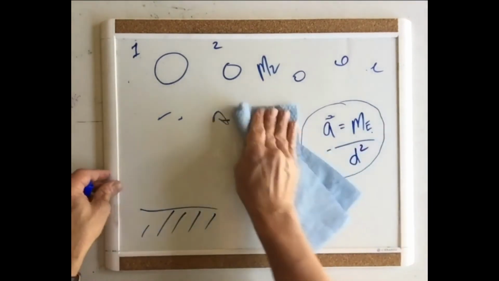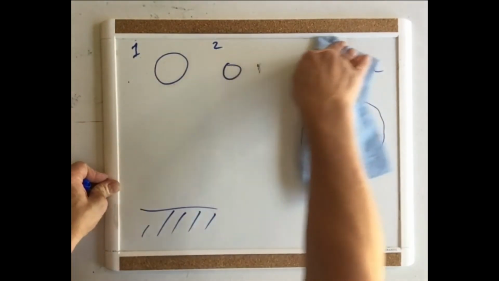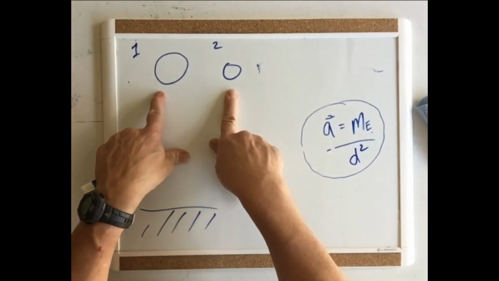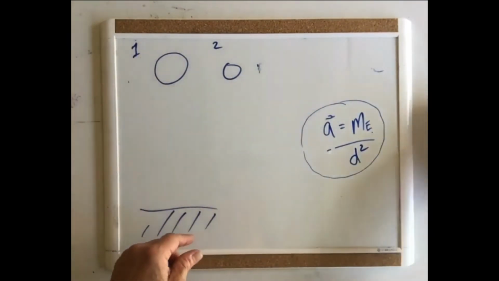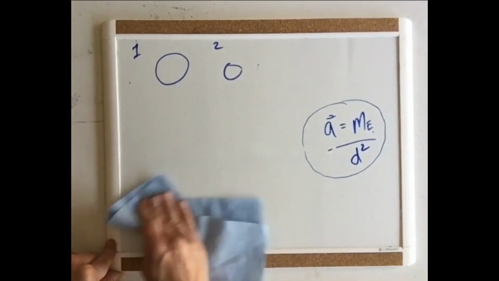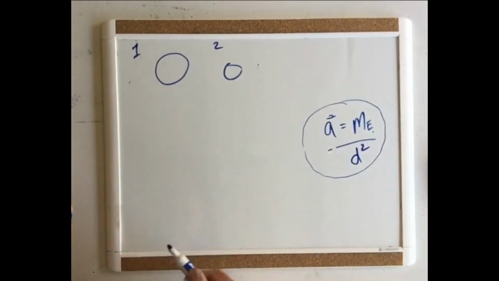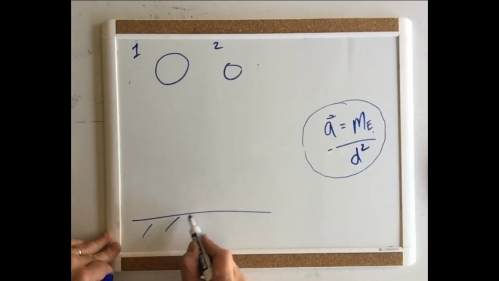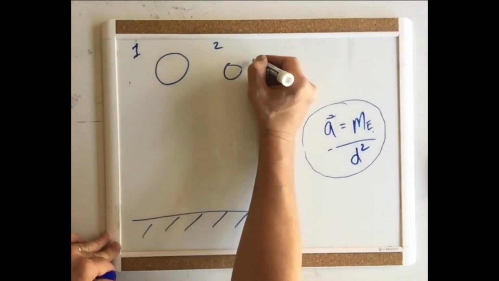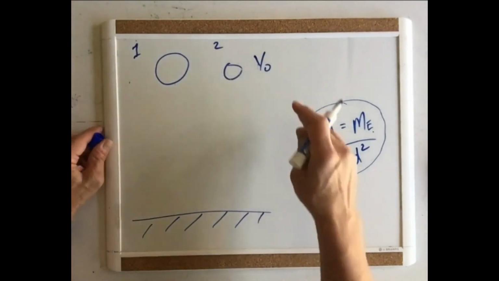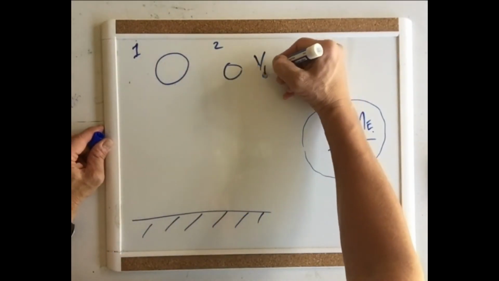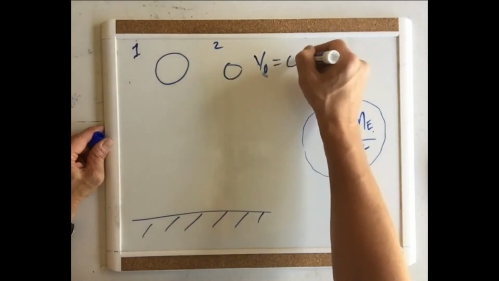So now we can see why the mass of these two things, when they're different, they still hit the ground at the same time. So let's review real quick. For these two objects to have started with a velocity of 0, v sub 0 means this is initial velocity equals 0.